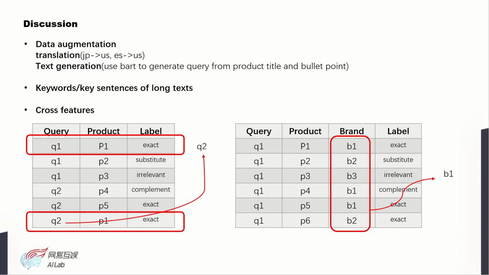Specifically, we translated the Japanese and Spanish datasets into English, and also trained a BART text generation model to generate queries from product title and bullet points. But this method didn't work, probably due to the extra noise introduced. We also tried to extract keywords or key sentences of long texts, such as bullet points or descriptions, but this didn't give us any improvement.